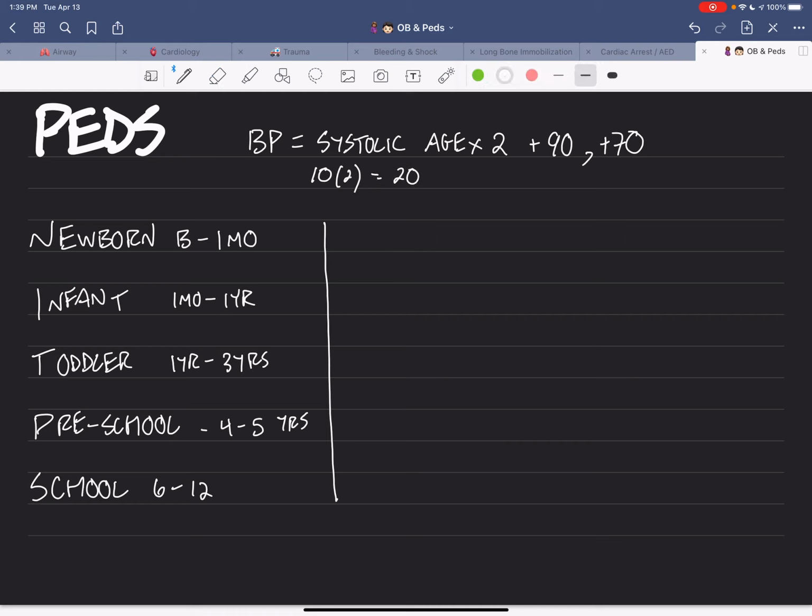So you'd have 110 for your high and 90 for your low. That would be your range for your systolic. What about a 3-year-old? 3 times 2 is 6, so we'd have 96 and 76. So BP is going to increase.